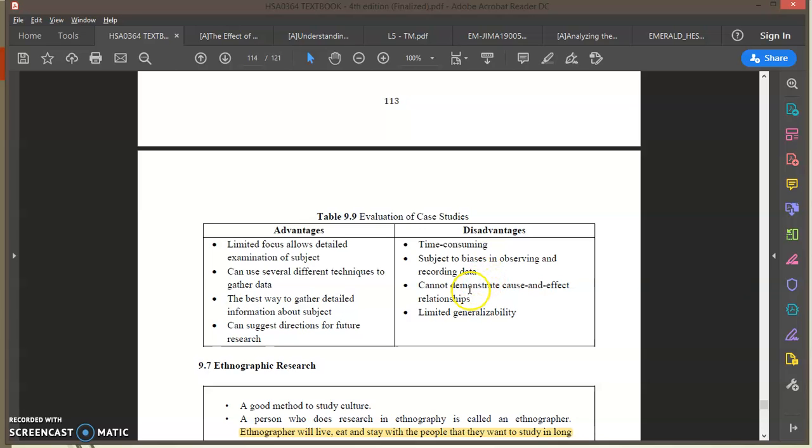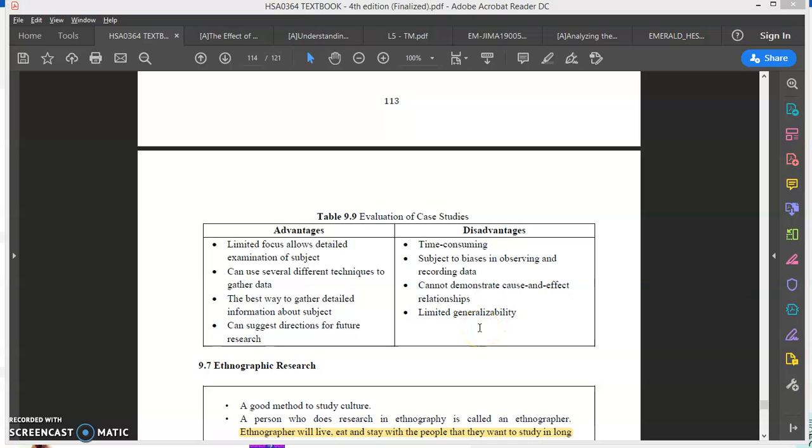The disadvantages also include that it cannot demonstrate the cause and effect relationship, because you're not manipulating the variables, you're not experimenting, you are just studying cases. And lastly, you will have limited generalizability, because you are unable to generalize an idea when you are focusing only on a particular case or a particular subject.